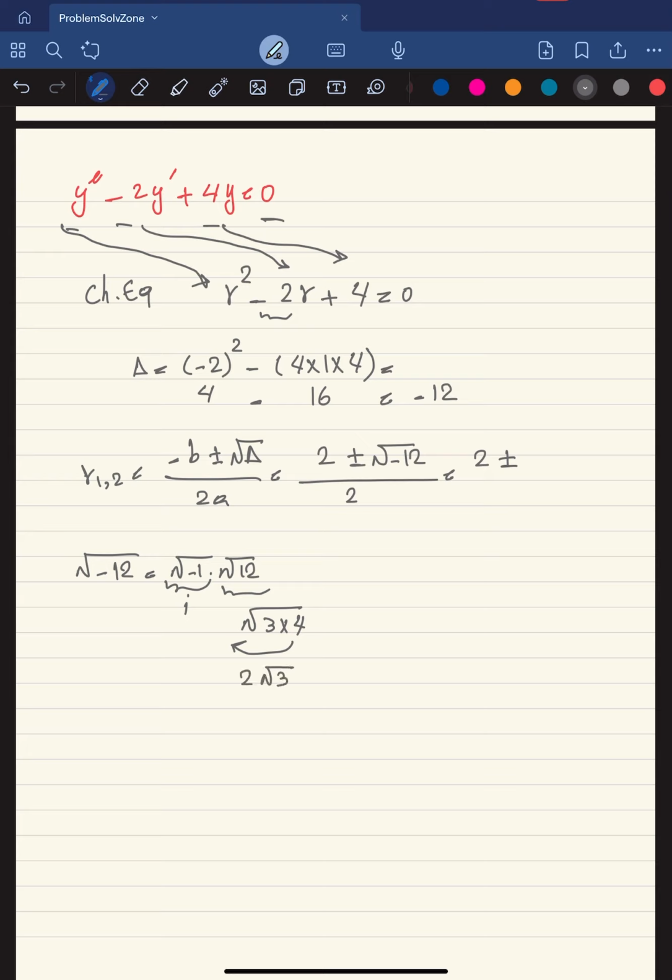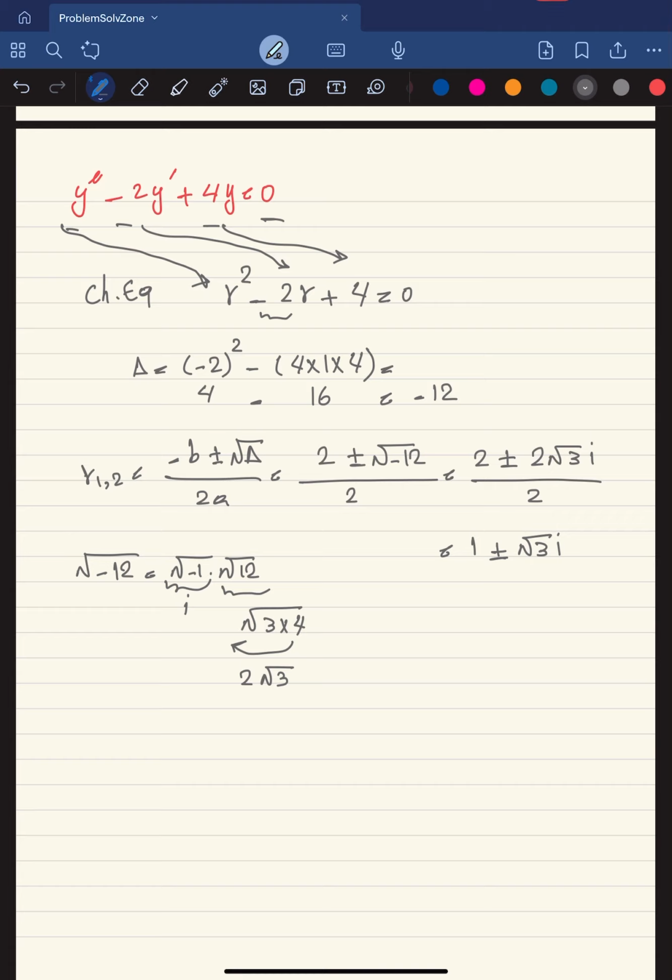So instead of radical minus 1 we write i, and instead of radical 12 we write 2 radical 3 over 2, which equals 1 plus or minus radical 3 i.